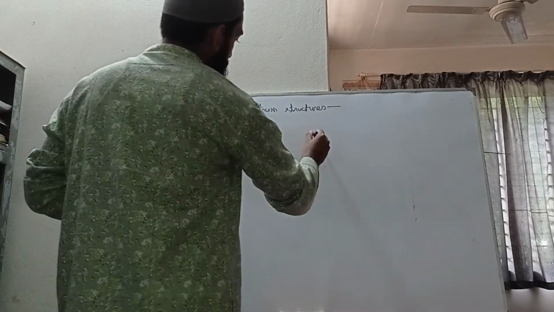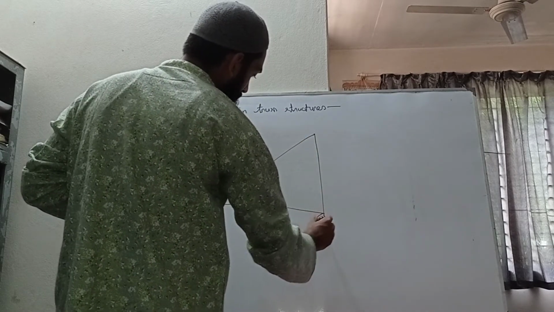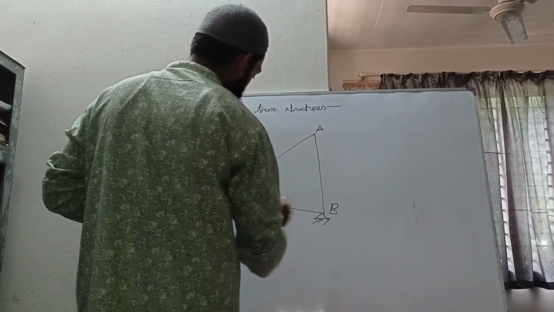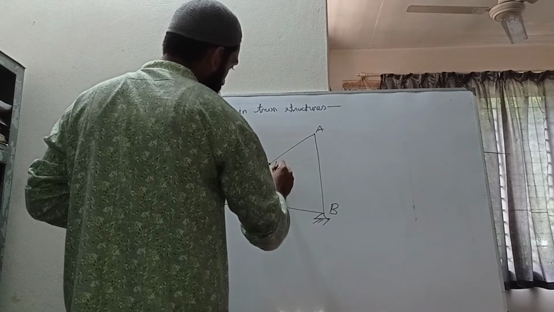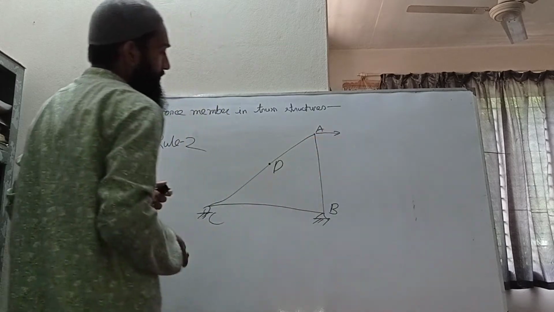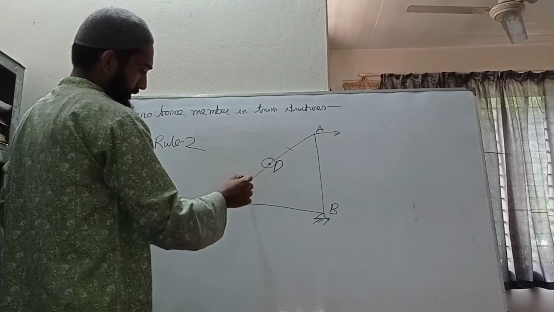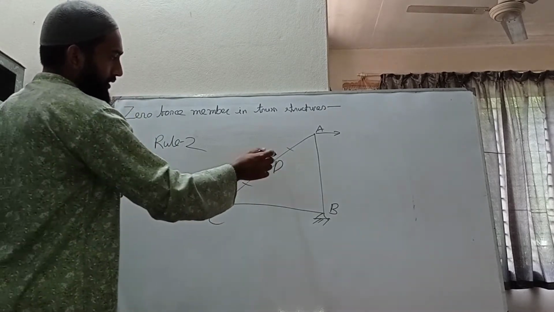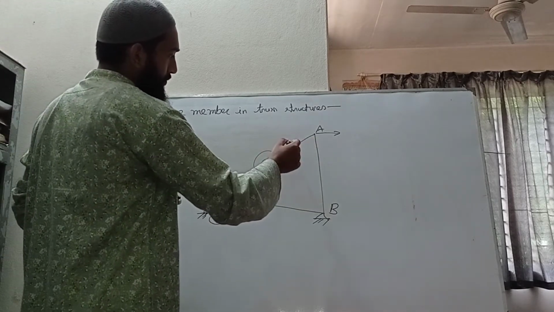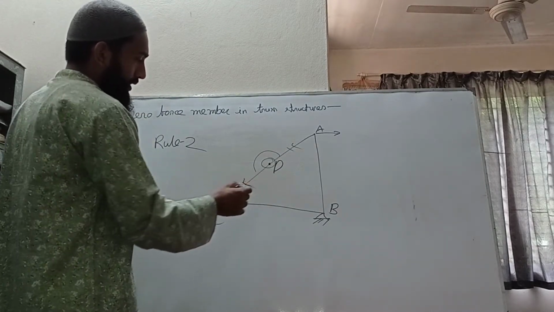If we consider this truss, here at joint D, member AD and DC are both collinear and the angle between them is 180 degree. Now if one of them, suppose AD, doesn't carry any internal force, then DC will be automatically a zero force member.